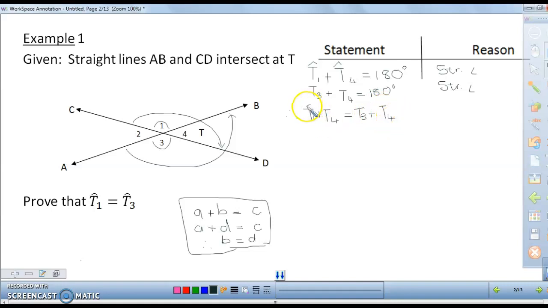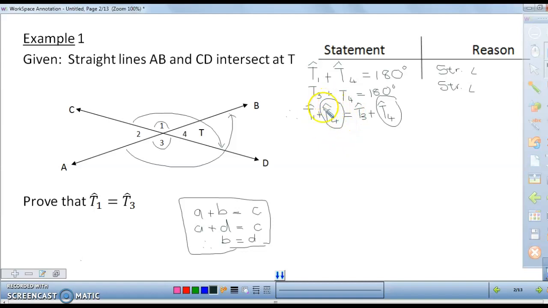Just put my angles in there. You must not forget that because we're talking of angles. Can you see that T4 is the same thing on both sides of the equation?